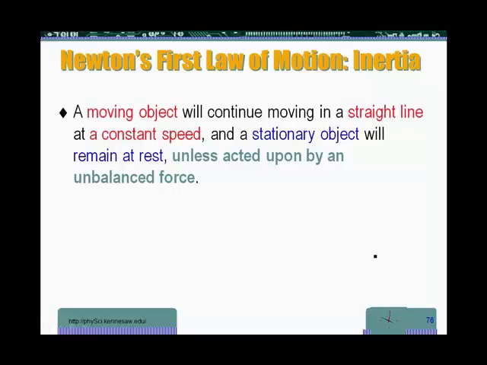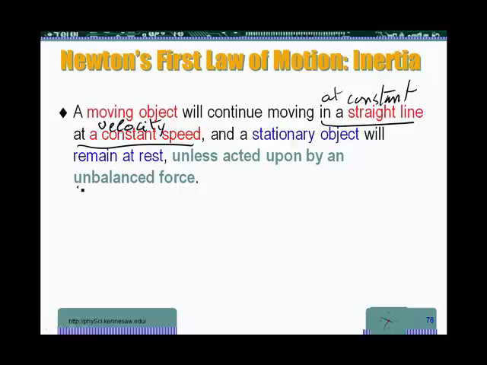Recall, we said an alternative to that phraseology would be to say we'll continue moving at constant velocity. That's when we don't change the direction and don't change the speed, we keep the velocity constant. And the stationary object will remain at rest unless acted upon by an unbalanced force.